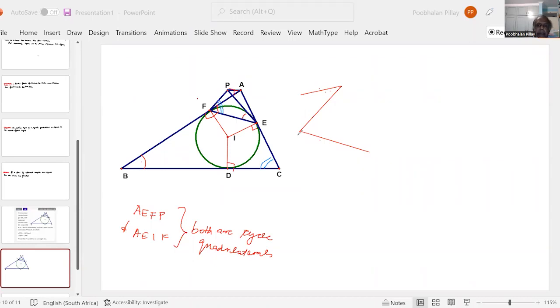Now, here's something very interesting. The angle IPA, this is not very easy to see. IPA.